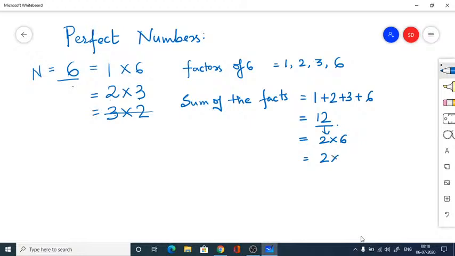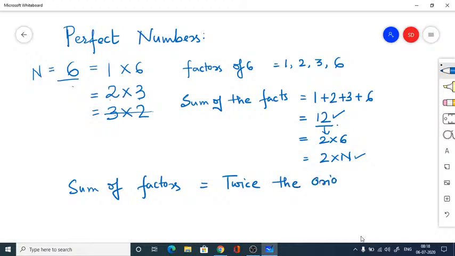So the sum of the factors is equal to twice the number. Sum of factors is equal to twice the original number. Such numbers are called perfect numbers.